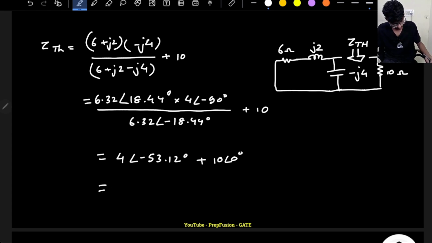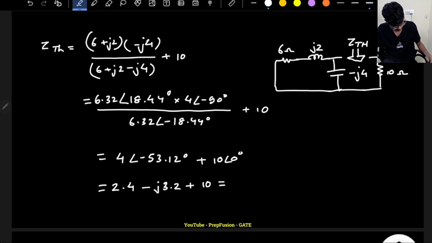The cos of 53.12 is 0.6, so this will be 2.4 minus j times the sine of this, so 8 into 0.4, which is 3.2, plus 10.